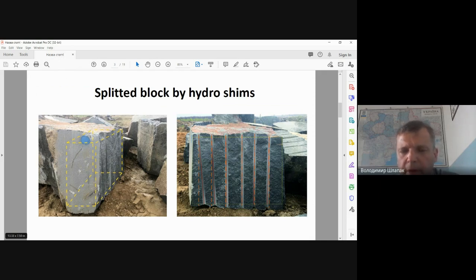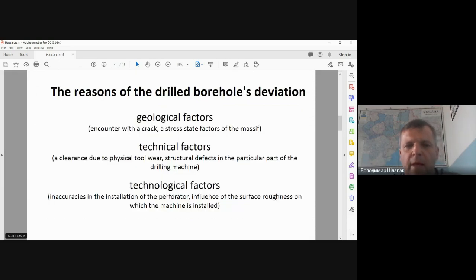block production. The quality of drilling boreholes is determined by a number of indicators, such as mode parameters of the drilling process, type and condition of drilling tools, and state of the rock mass. It's necessary to note that geological, technical, and technological factors impact the deviation of a borehole.